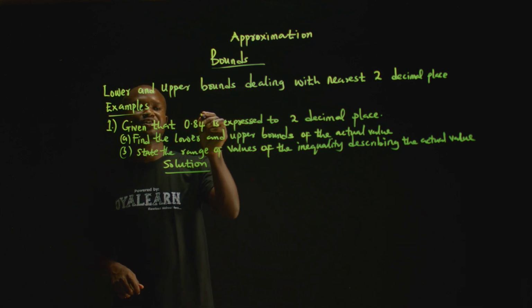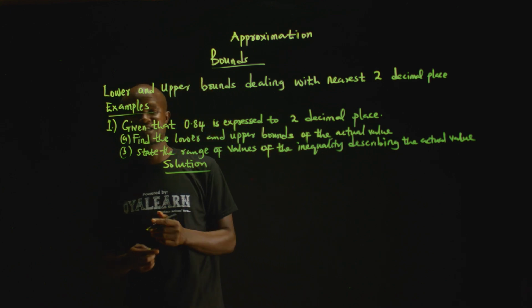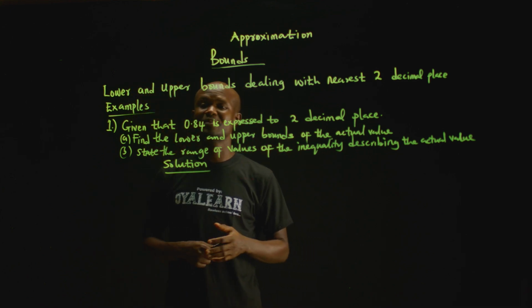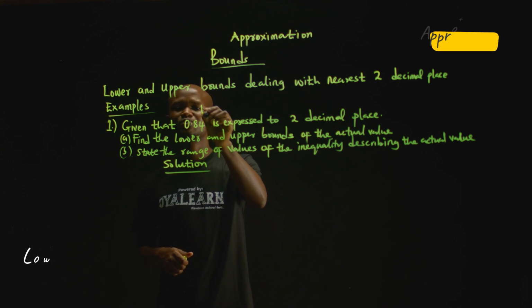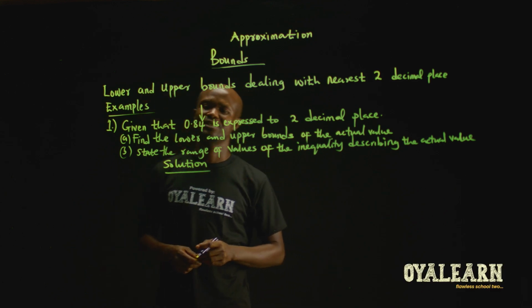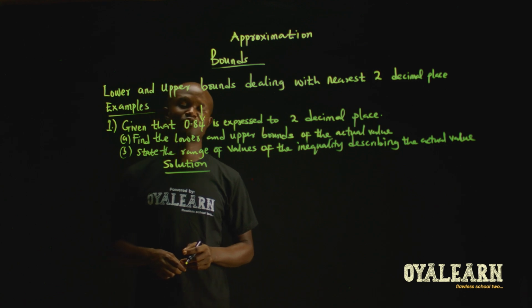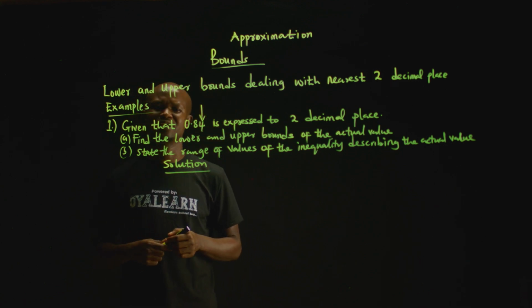Now, we can see from here we are dealing with 2 decimal places, and 0.84 is a number already expressed in 2 decimal places. Then we deal with the last number. The last figure here is 4. And what is the place value of 4 here?